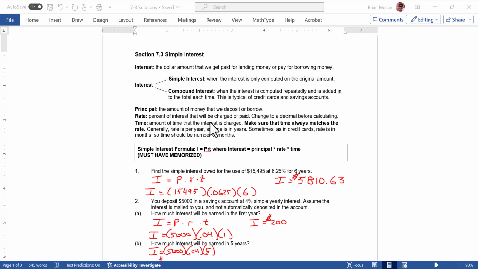The time is the amount that the interest is charged, and you want to make sure that that time always matches the rate. So in other words, if the rate is given as a percent per year, then the time has to be converted into years. And we'll talk more about that as we see some examples.